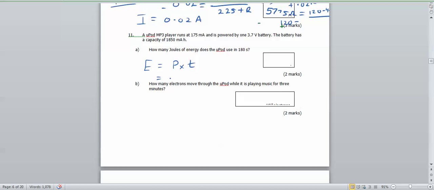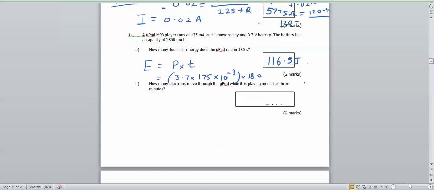Our power is the voltage times the current, so that's 3.7 times 175 by 10 to the minus 3 times 180 seconds. Put that in your calculators. I got 116.55 joules. 116.5 joules will be enough.